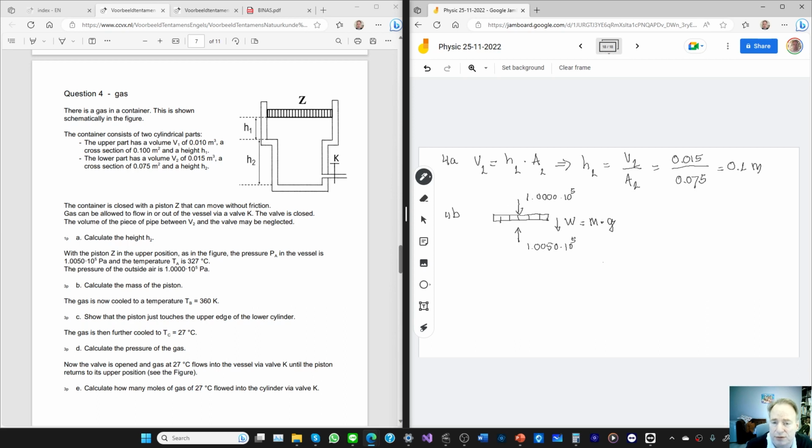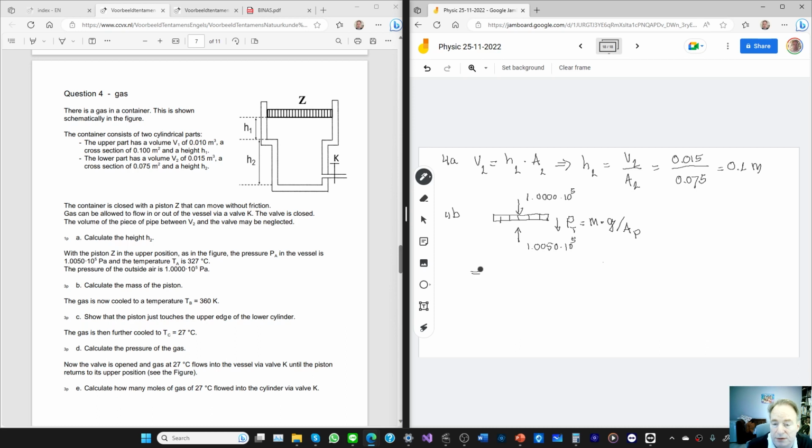So I would actually call this the pressure exerted by the piston, which is the weight divided by the area of the piston. Let's call that P sub P.